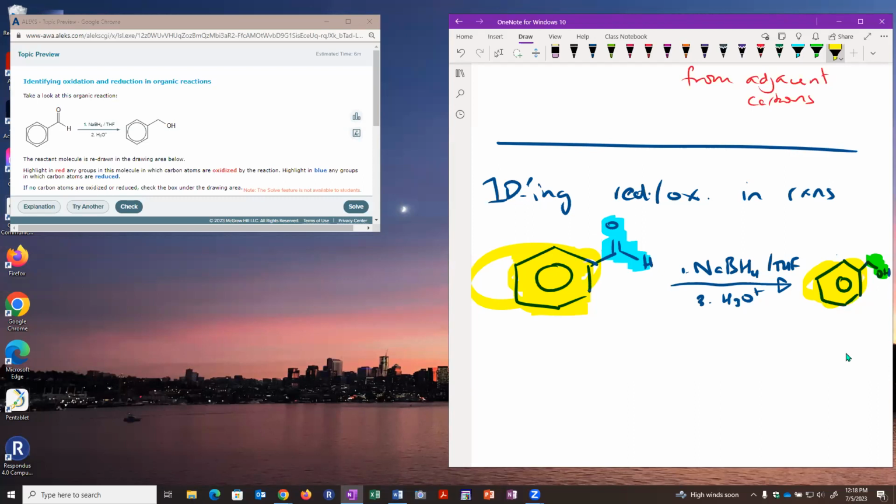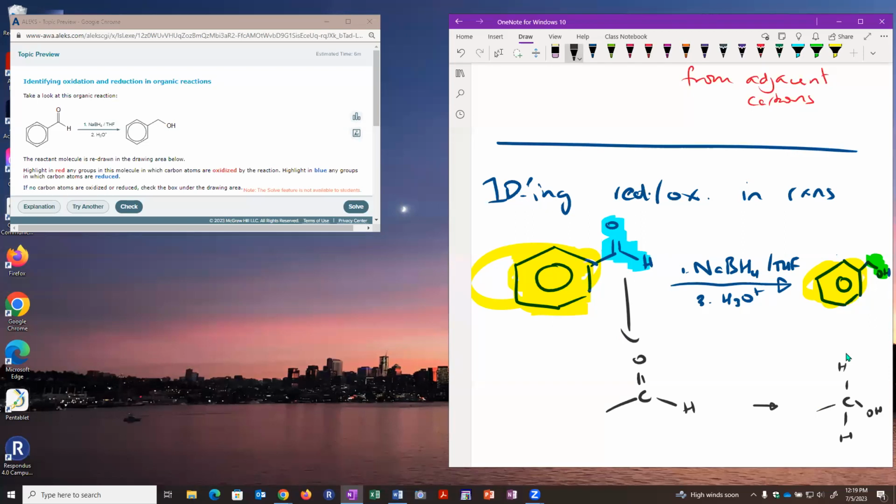So if I focus in here, I'm just going to draw the region in blue, and then the region in green. I'm just putting in the H's there to show that carbon hasn't violated the octet rule.